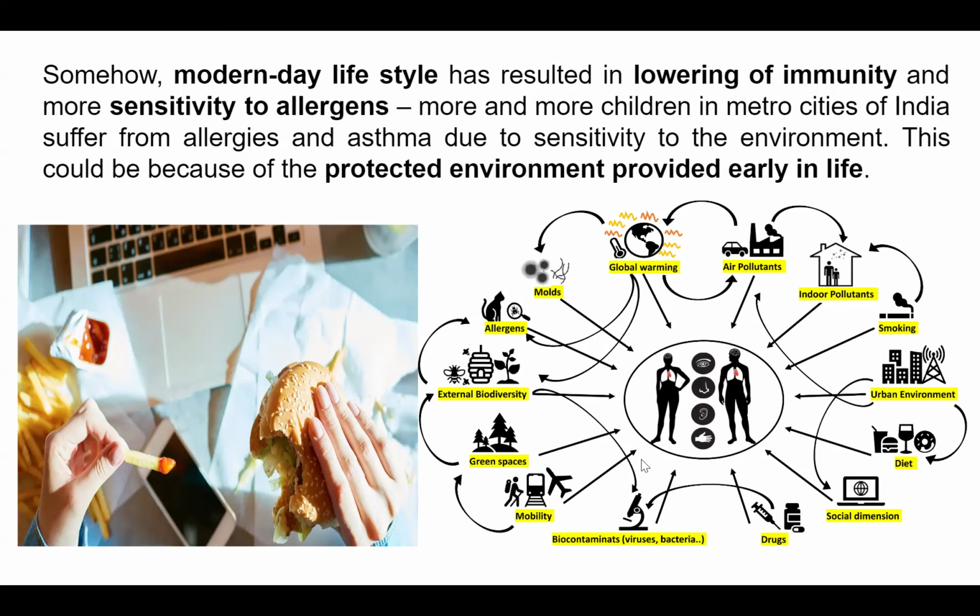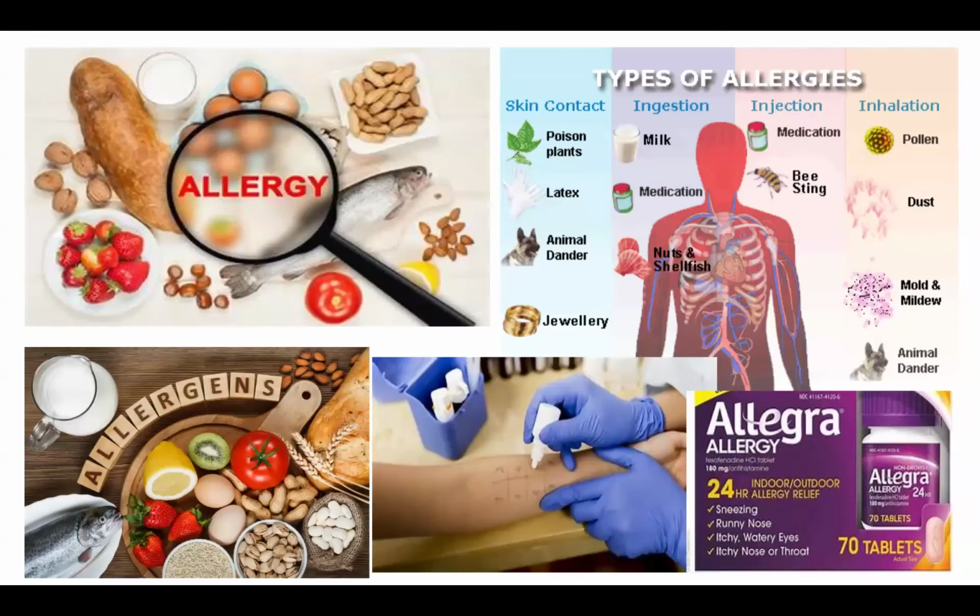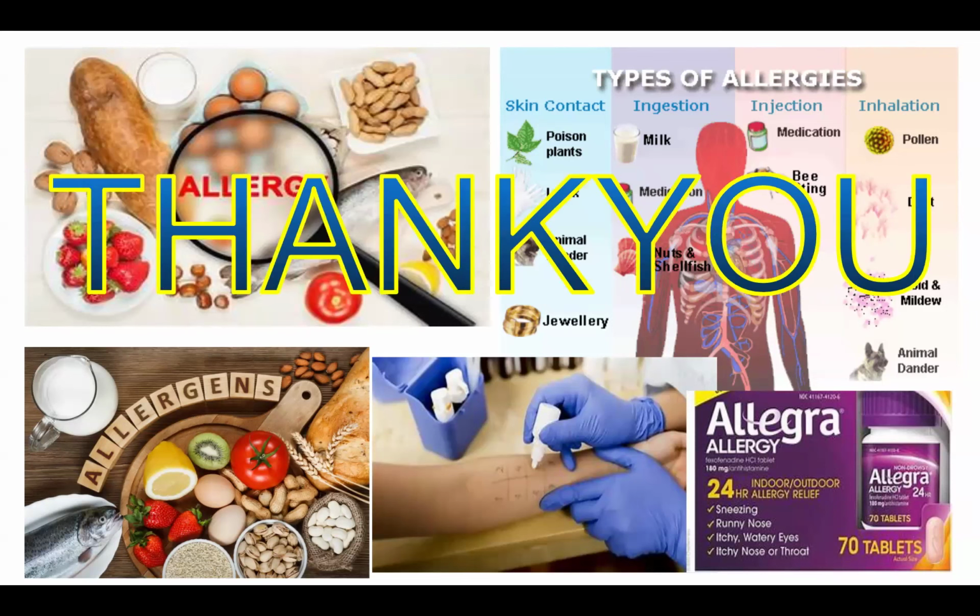They have a lower immunity because maybe they are in a very protected environment from a very early stage. So, to cover it up and summarize, we have talked about what is allergy, various allergens, various tests, how we diagnose it, and the treatment that is there.